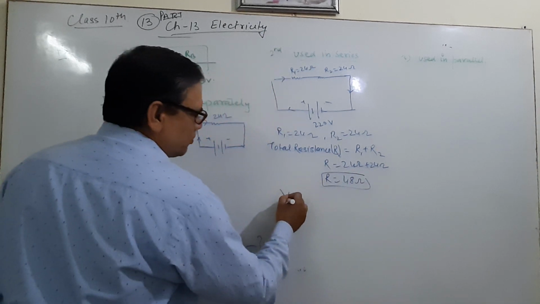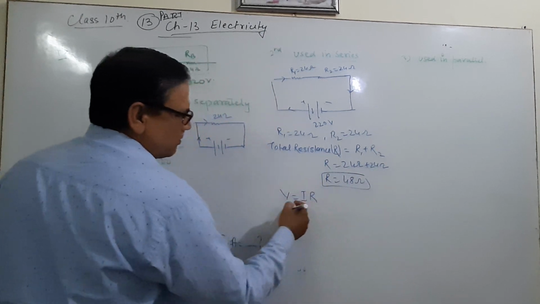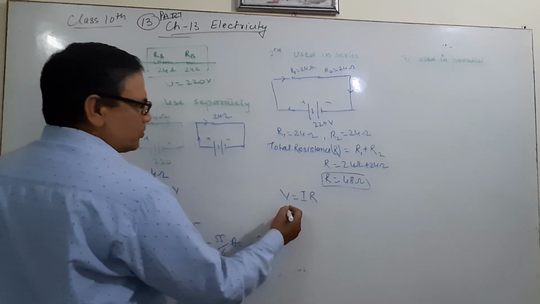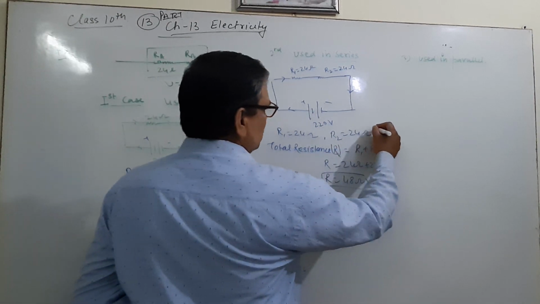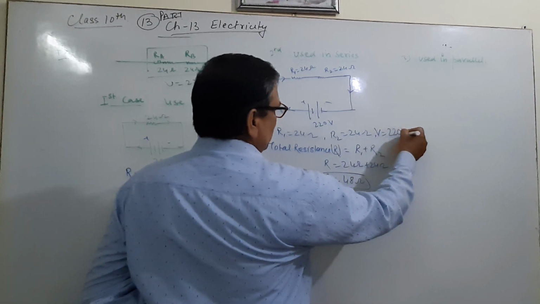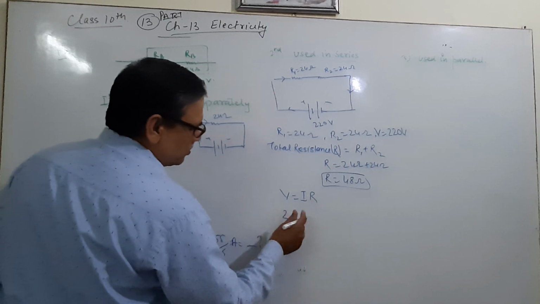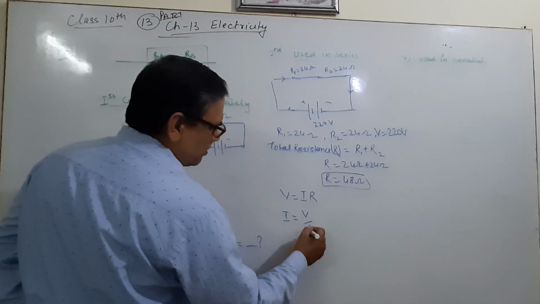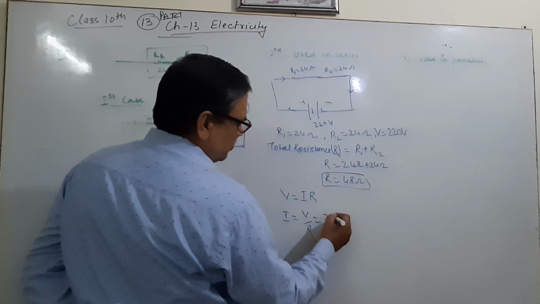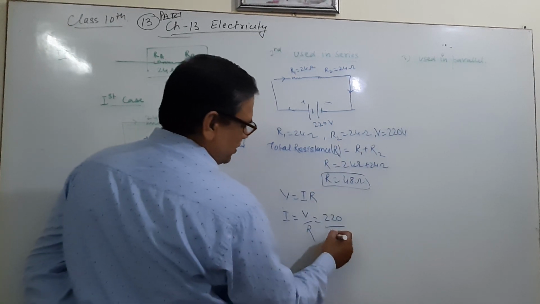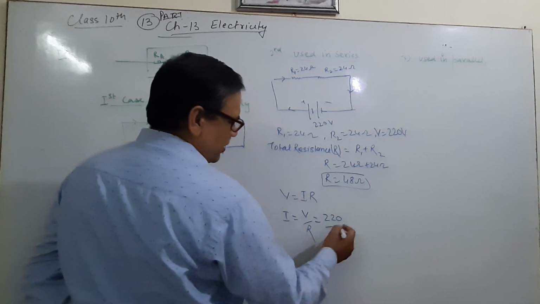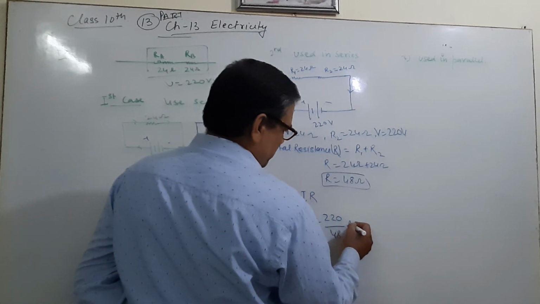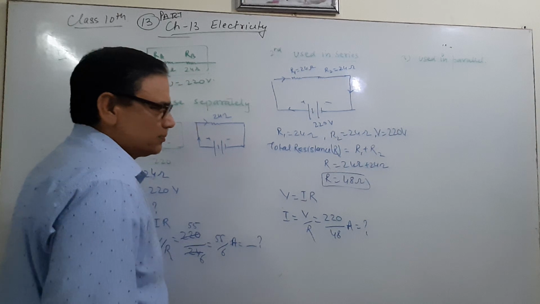According to Ohm's law, V is equal to IR. V is equal to 220 volt. We have to find I. I is equal to V upon R, 220 upon 48, and you have to simplify and find the answer yourself.